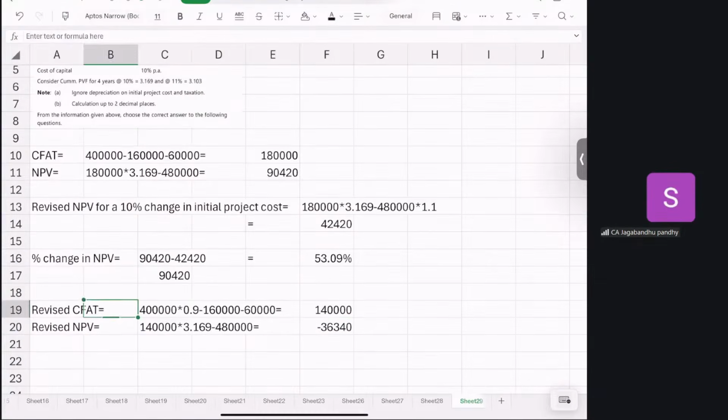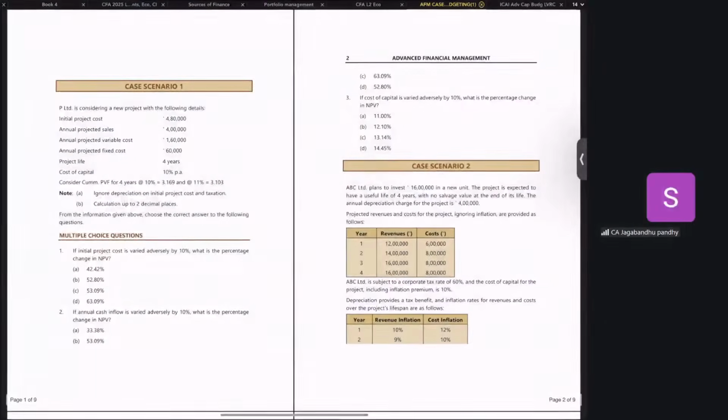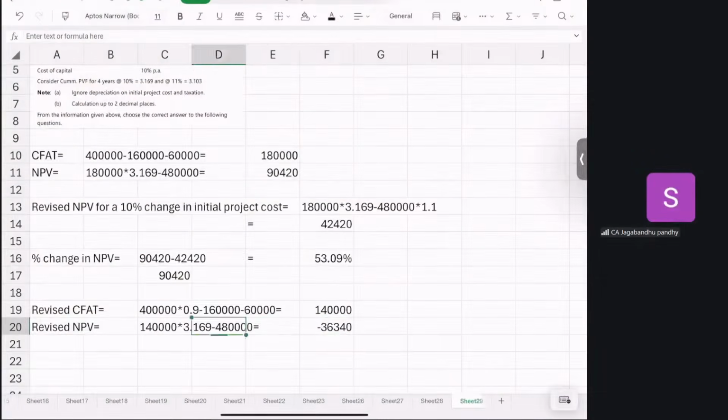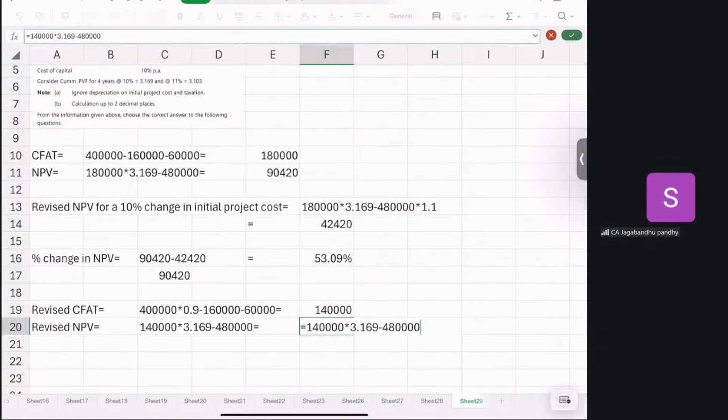Sir, we are getting negative NPV only, sir, in this. Getting negative NPV? Sorry, the NPV becomes positive, 36,340. Profit is less than cost.